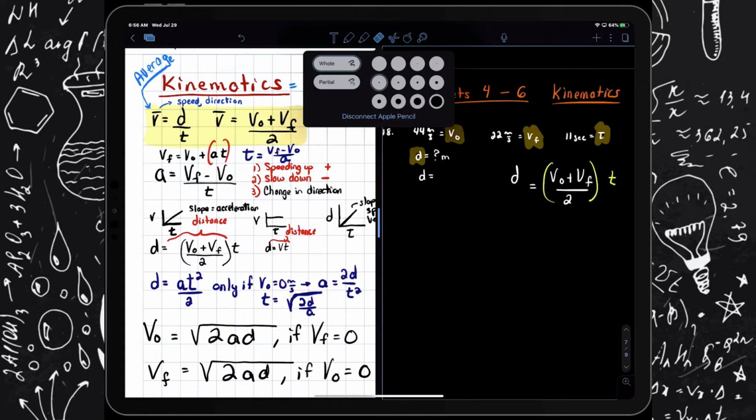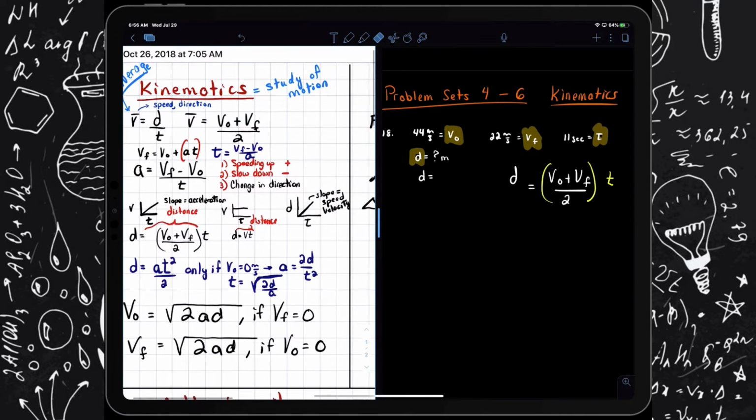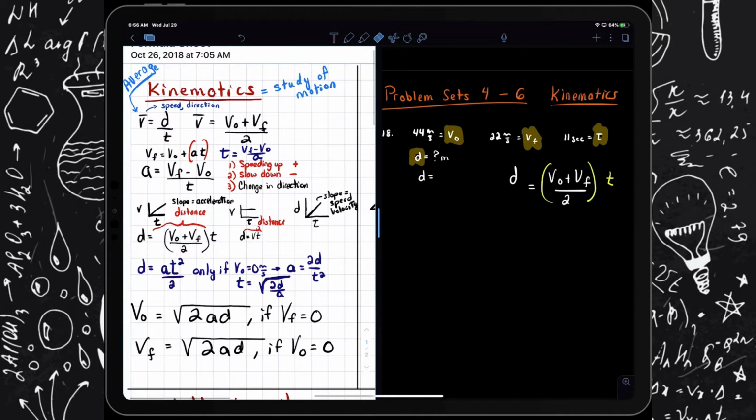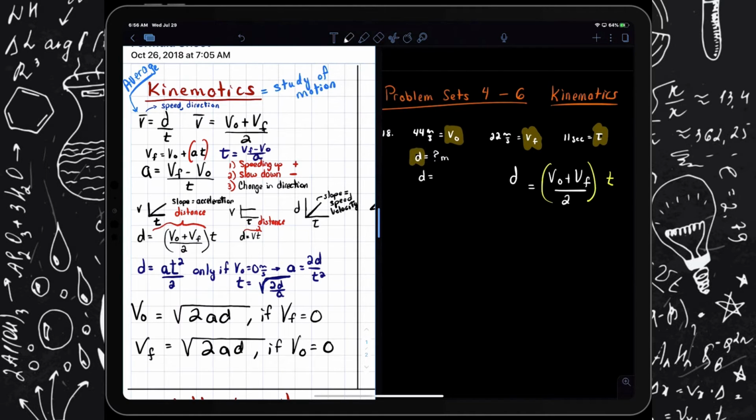Now, on that formula sheet, let's say that you struggle at rearranging equations. What you can do is add this new rearranged equation to your formula sheet.